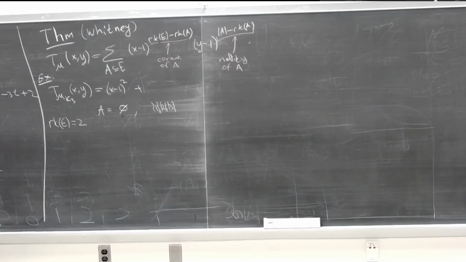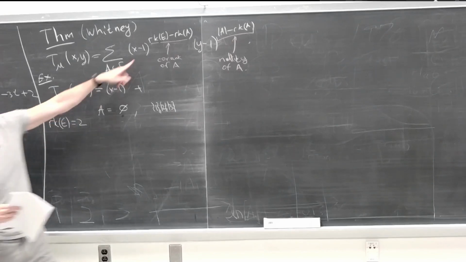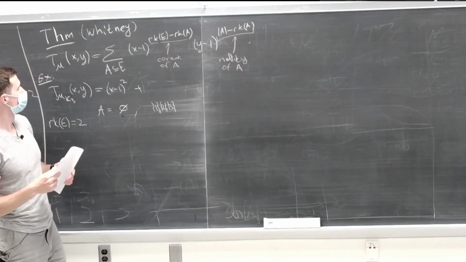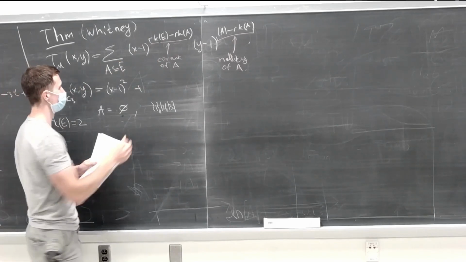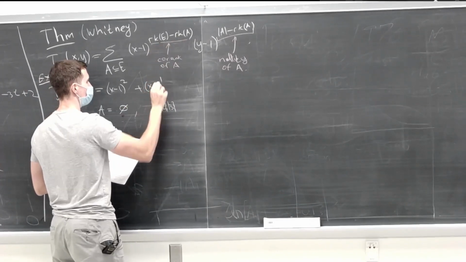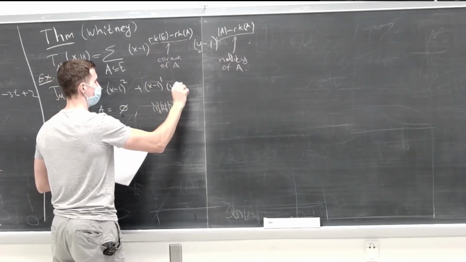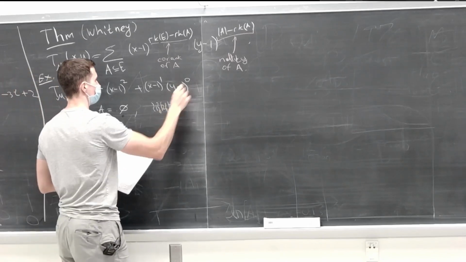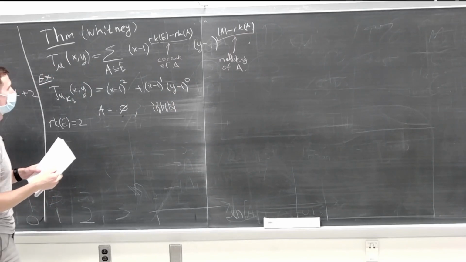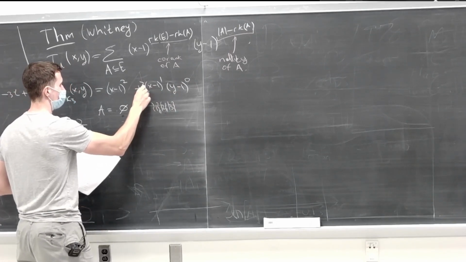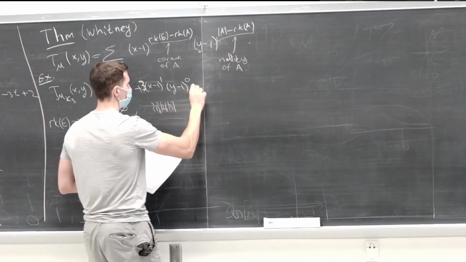What is the first exponent going to be? 2 minus 1, that's 1. And what's the second thing going to be? 0. So we don't have y minus 1. And since there are 3 possible sets, I need to add a 3 in front.